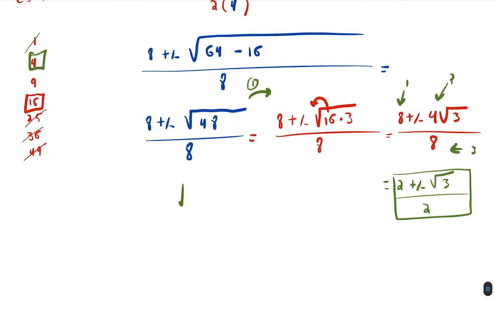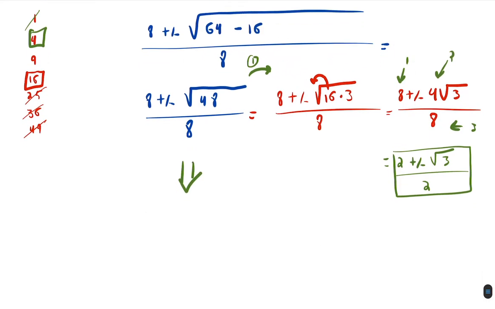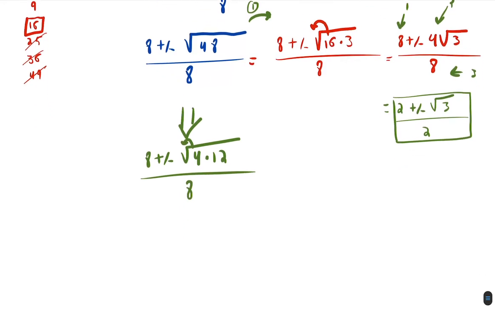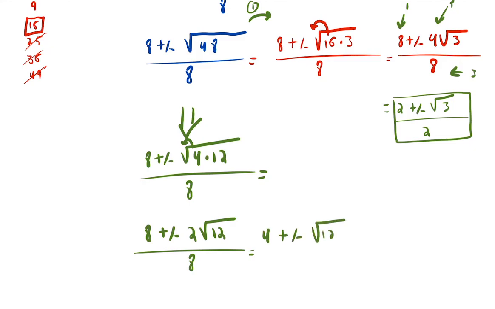So I could say this is 8 plus or minus the square root of 4 times 12 over 8. You take the 4 out, and we get 8 plus or minus 2 times the square root of 12 over 8. Those are all divisible by 2, so we'd have 4 plus or minus the square root of 12 over 4.